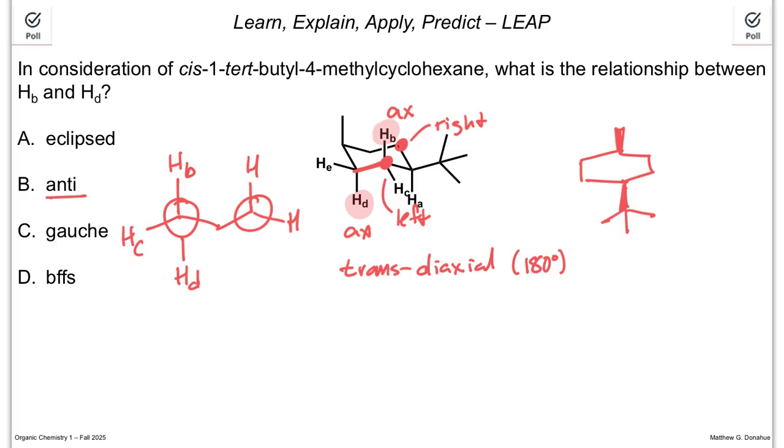Which means HE is up and to the left. You see how HC and HE, they're both on the left side of that molecule, and so that's what we've represented here.